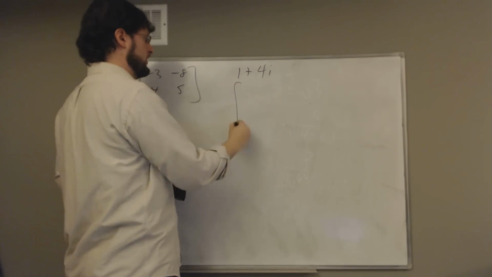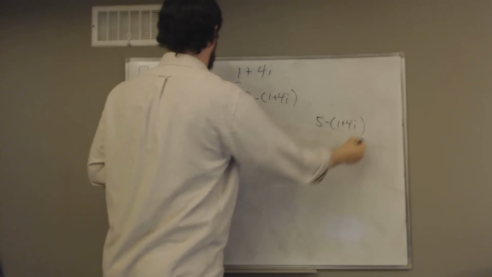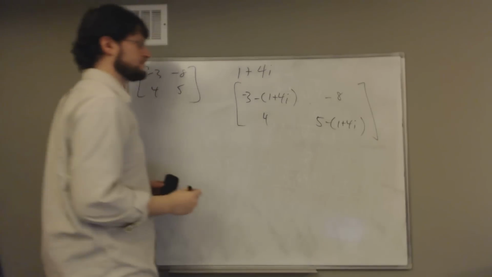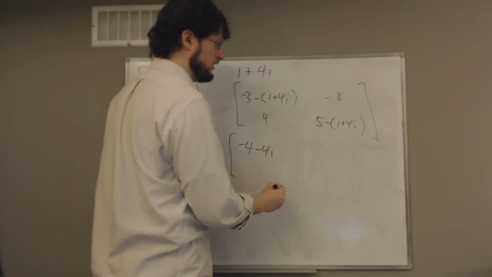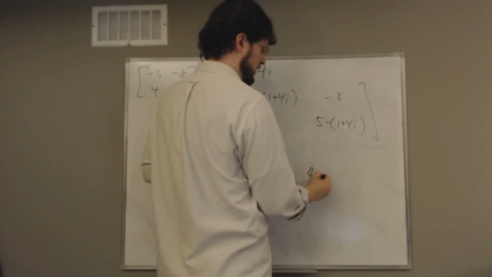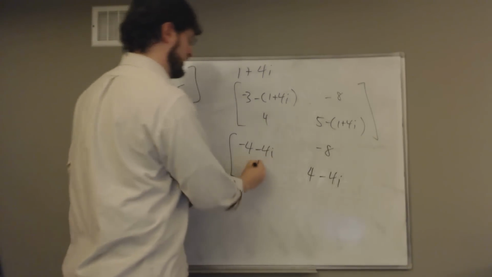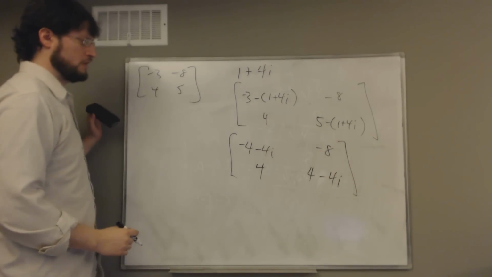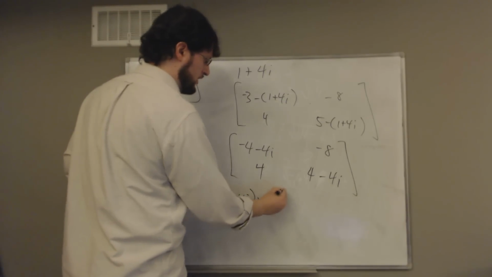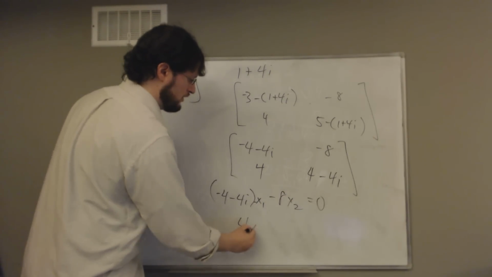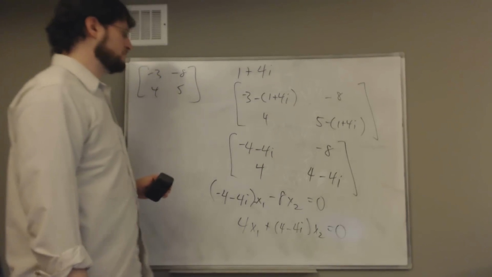So now we're looking at -3 minus (1 plus 4i), and 5 minus (1 plus 4i), 4, -8, which is -4 minus 4i, and 4 minus 4i, still -8, still 4, which becomes (-4 minus 4i) x1 minus 8 x2 is 0, and 4 x1 plus (4 minus 4i) x2 is 0.